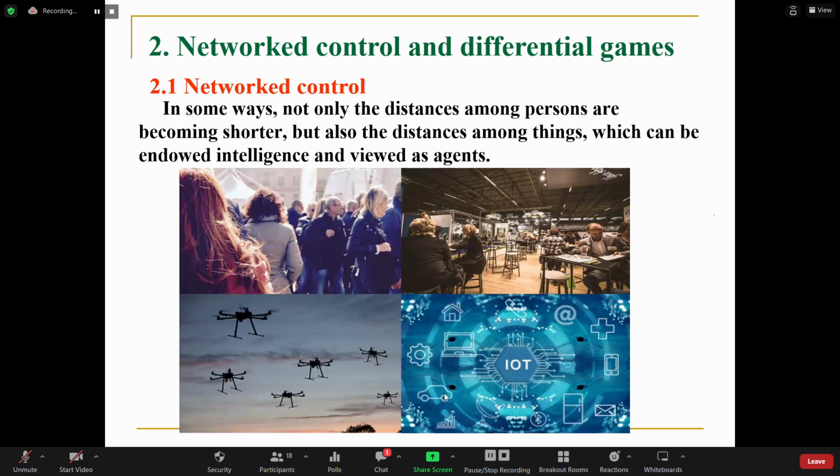In some ways, not only the distances among persons are becoming shorter, but also the distances among things, which can be endowed intelligence and viewed as agents.